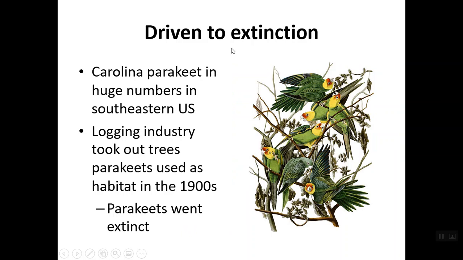All right, so there are many examples we can give of species that have gone extinct in the past few hundred years from human activity.